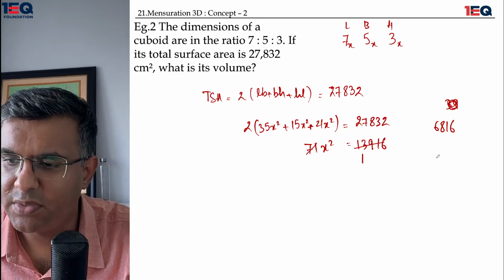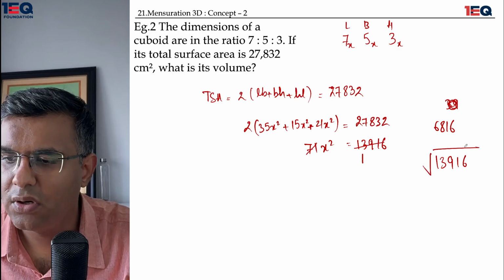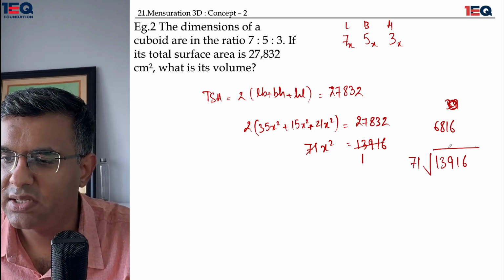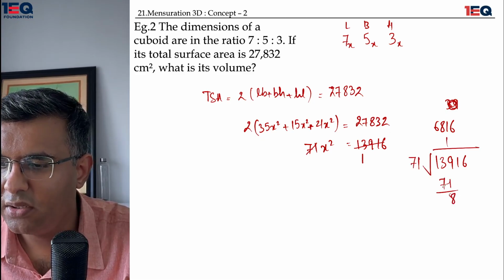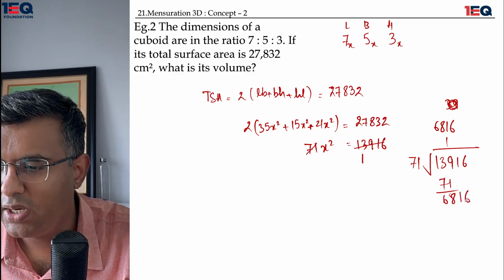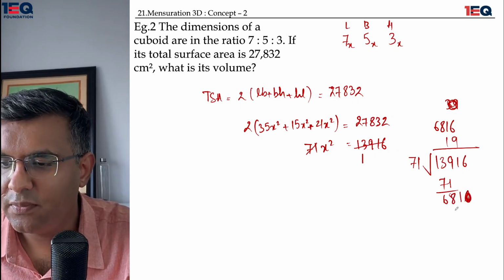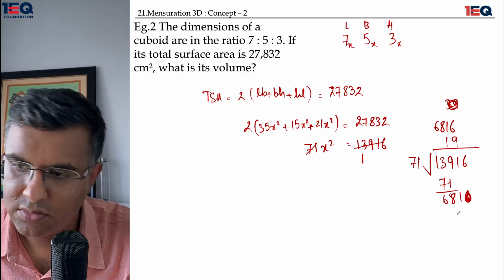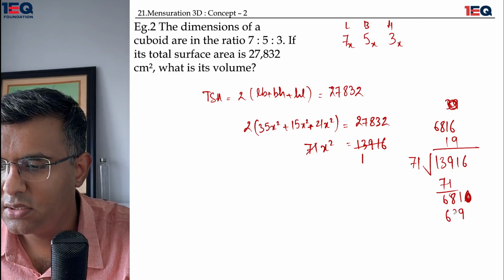I'll use the long division method. It's okay. There can be times when you have to use the longer methods in order to reach the answer. 71 ones is 71. I would be left with 8 here, and I would be left with 6 here. So 6, 8, 1. 7 nines are 63.